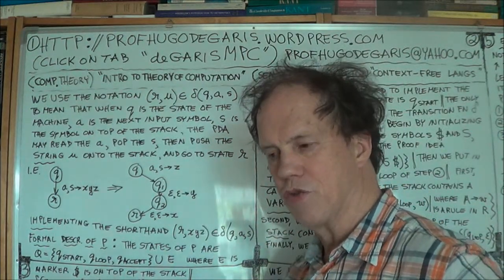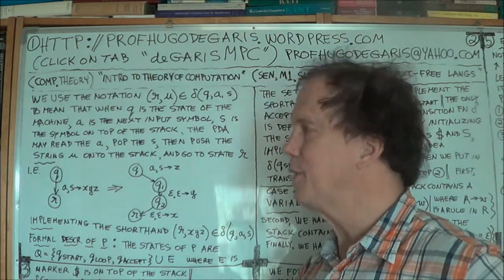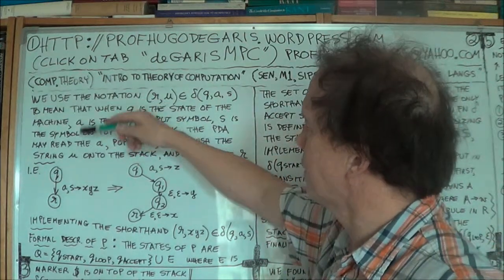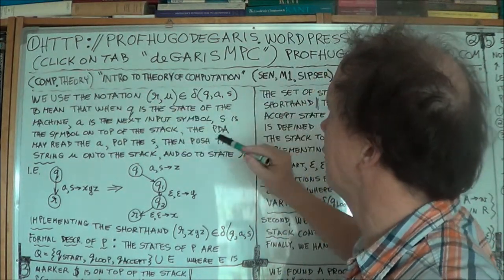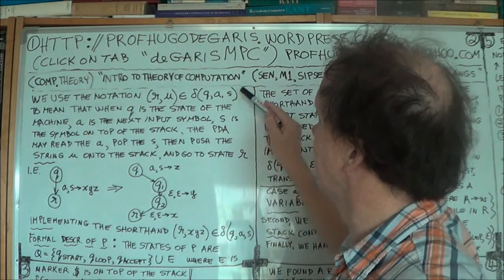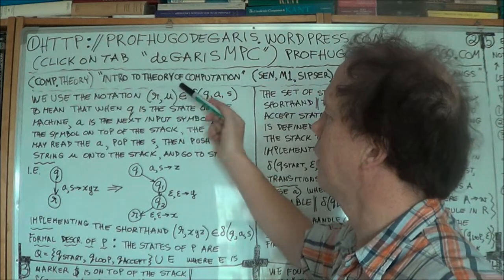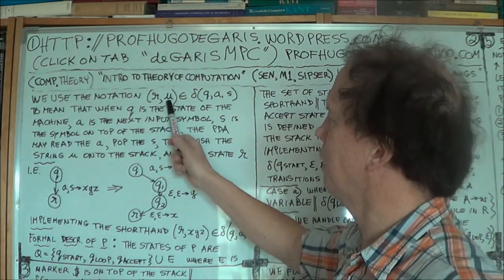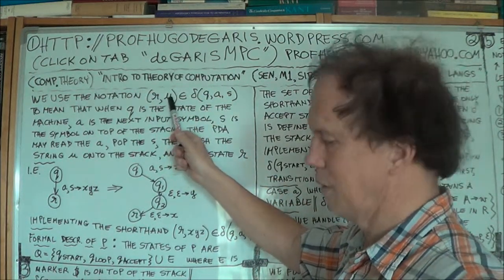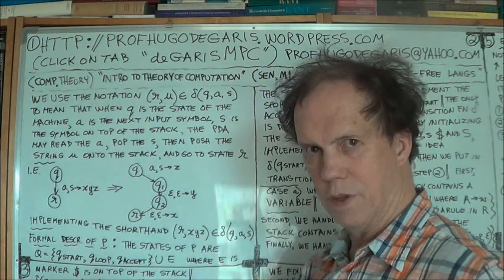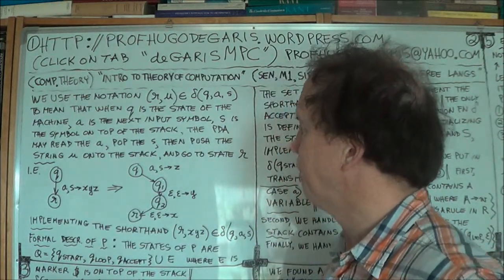You put the whole string on the stack, symbol by symbol. Right, so that's what's being said here. So this transition function will result in this ordered pair: the next state, and this string, which you put on the stack. Right.